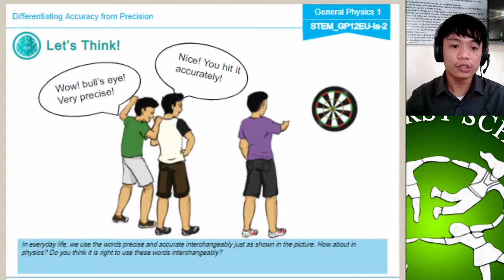One person says, "Whoa, bullseye, very nice." But the other person said, "Nice, you hit it accurately." What do you think is the difference between the two?